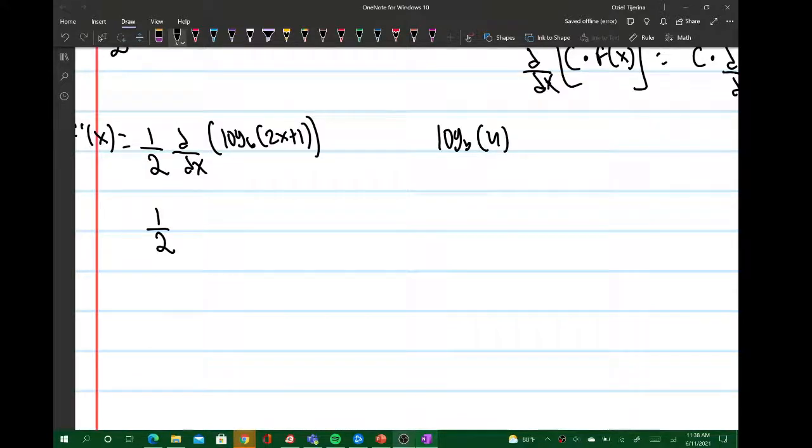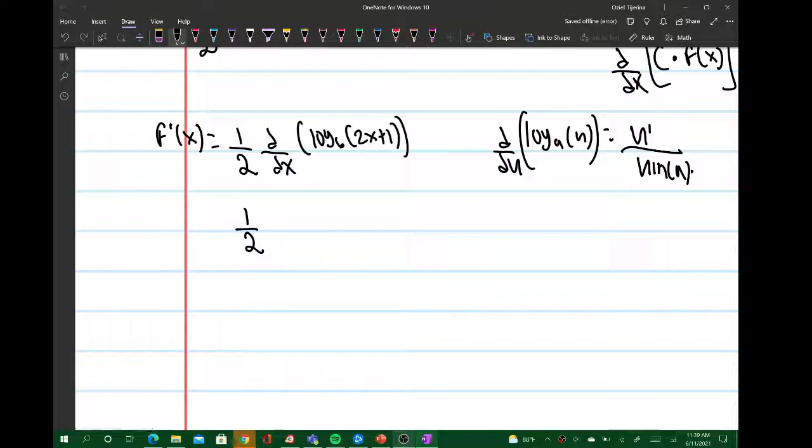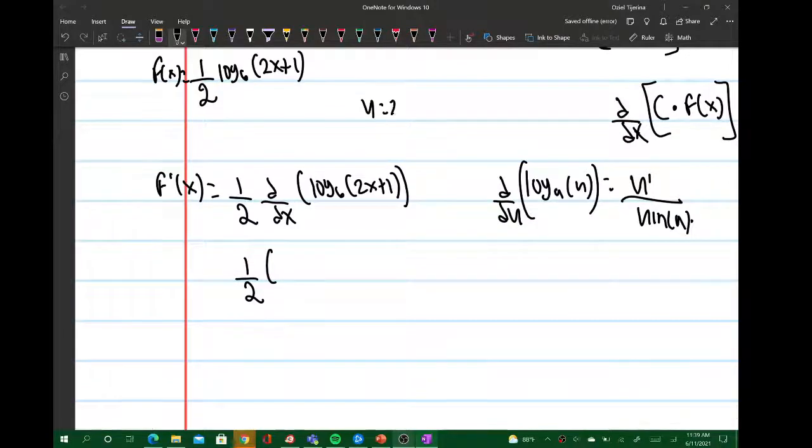Remember, we have log base a of u. The derivative of this is really just u prime over u ln of a. Okay, so what is u prime? If we look at this, u is equal to 2x plus 1. u prime is just 2, right?